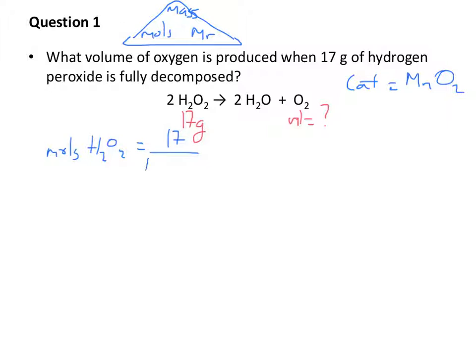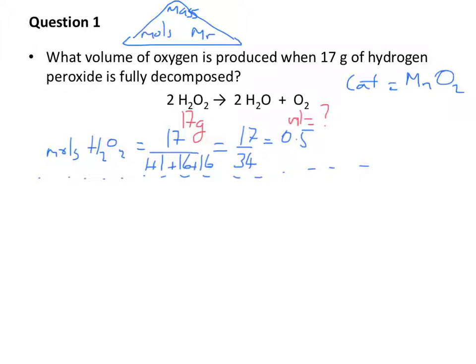So we've got 2 hydrogens, so 1 plus 1 plus 16, and there are 2 oxygens, that's meant to be 16. So that works out to 17 over 34, which is 0.5. And that's the end of stage 1 in our calculation. So the moles of hydrogen peroxide is 0.5.